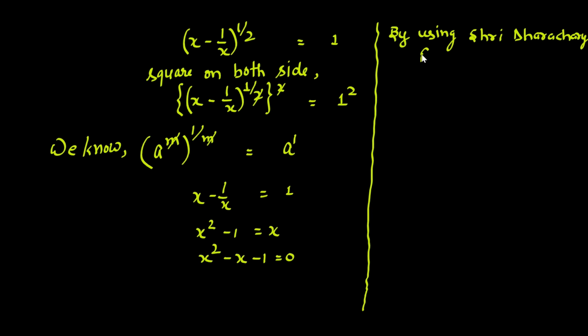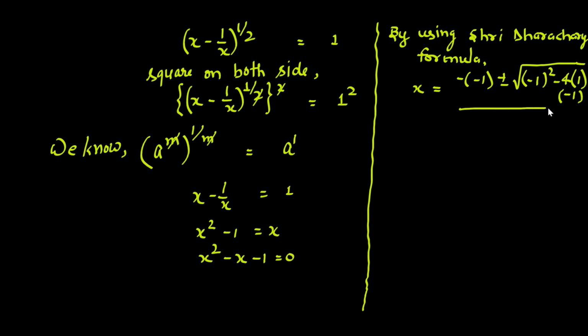Here x will be equal to −(−1) ± √((−1)² − 4 × 1 × (−1)) divided by 2 × 1. The Sridharacharya formula is x is equal to −b ± √(b² − 4ac) divided by 2a.